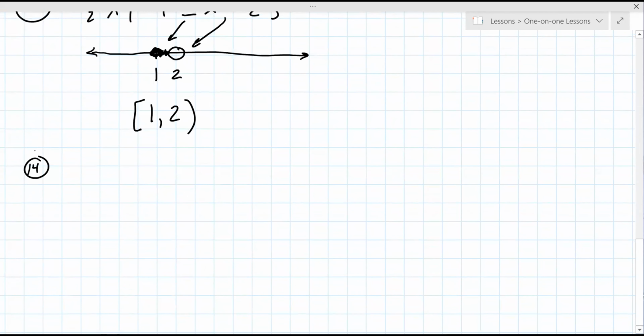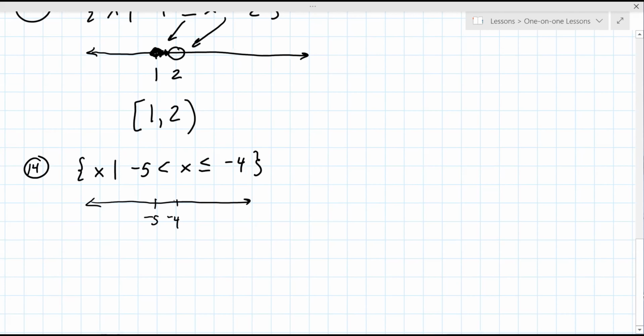All right, 14. X such that -5 less than x less than or equal to -4. So you got those two numbers on a number line. -5, -4. -4 is filled in because of the less than or equal to. -5 is not, and then it's everything in between them.